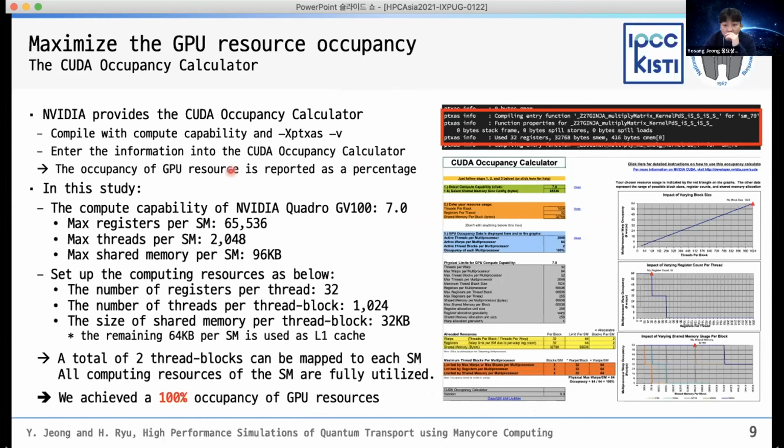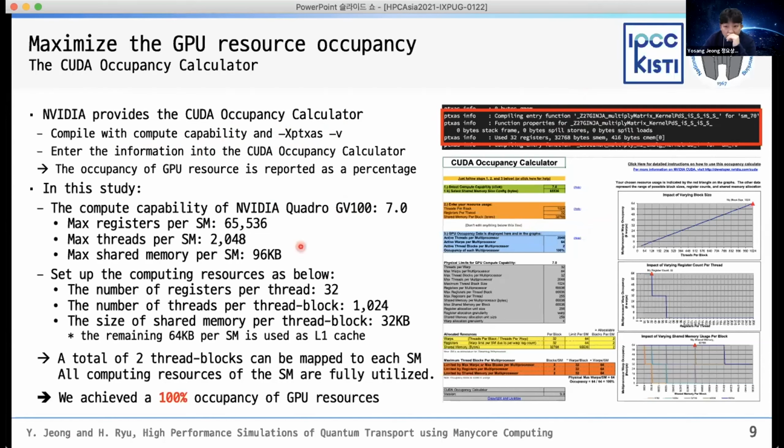So we can obtain information on the usage of GPU resources like this figure by entering the GPU compute capability and the -Xptxas -v compile option. When we enter this information into the occupancy calculator, the occupancy of the GPU resource is reported as a percentage.